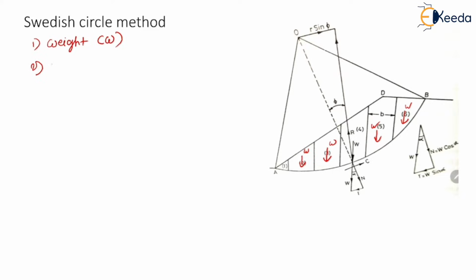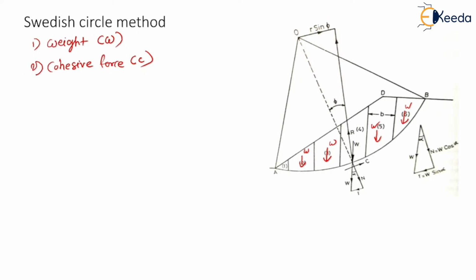Second force is cohesive force, denoted as C. This force acts along the curved surface in the direction of probable movement of the wedge.